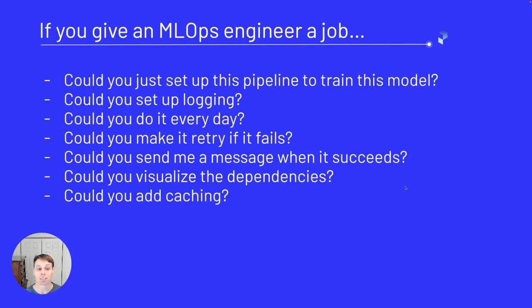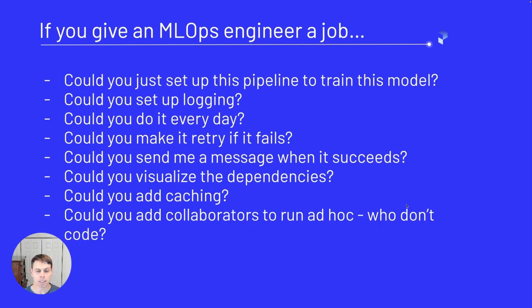Could you add some caching? This way we don't have to rerun something if maybe our inputs haven't changed or some other condition's been met, then we can save some time, save some space. That's all good. But caching is one of those hard things in computer science, right? It's a tricky thing to do. And could you add some collaborators? Say you're working as part of a team.